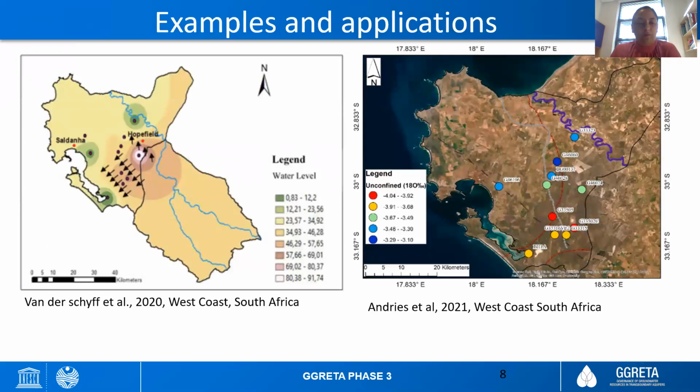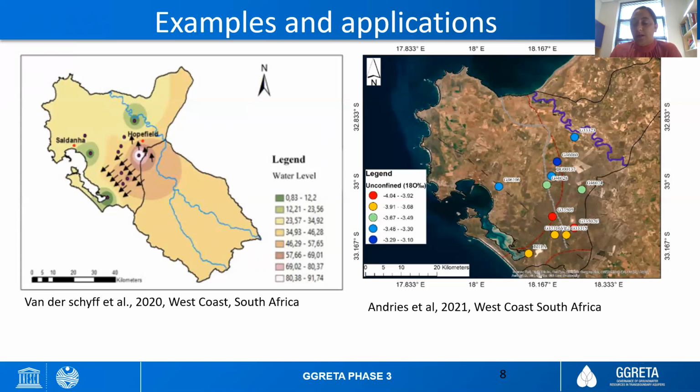These are two examples of students that have just finished their master's studies. On the left, you see groundwater level contours with flow direction indicated. On the right, you see oxygen-18 data.